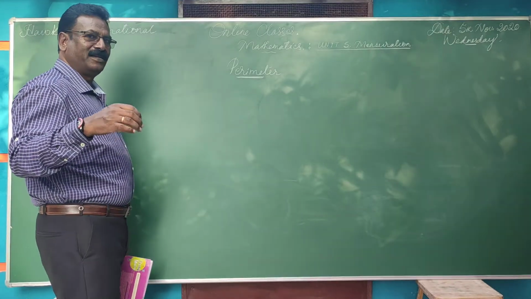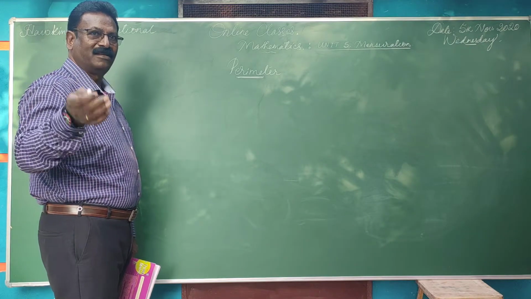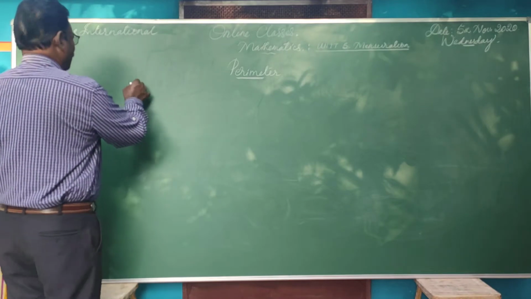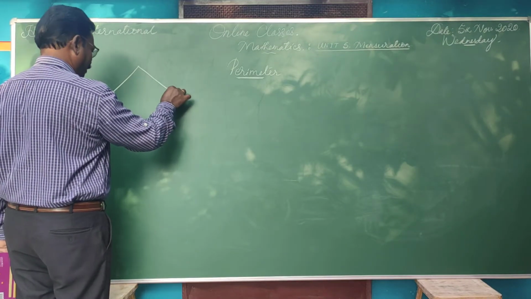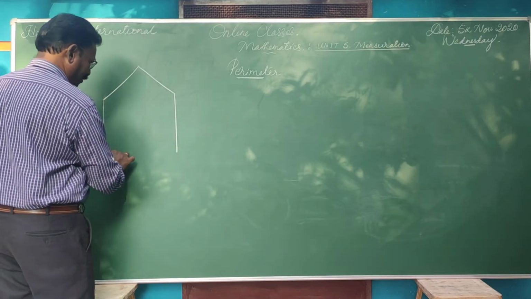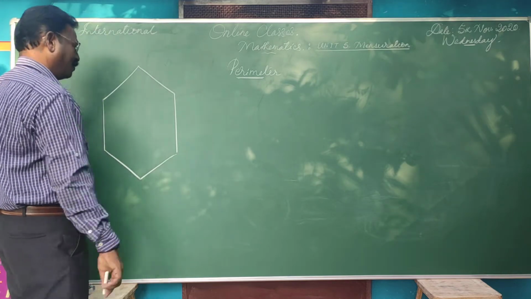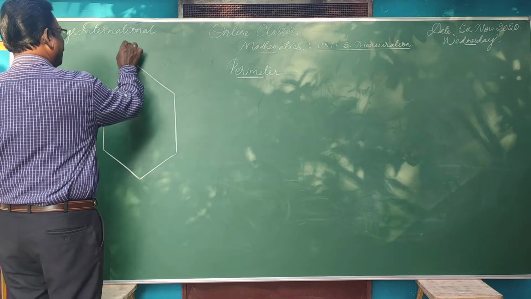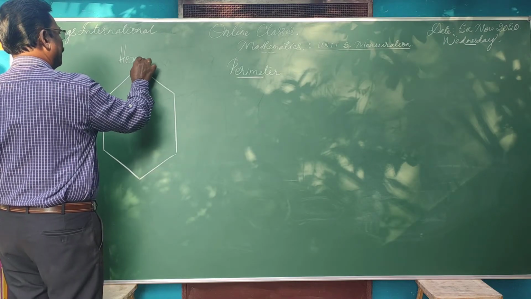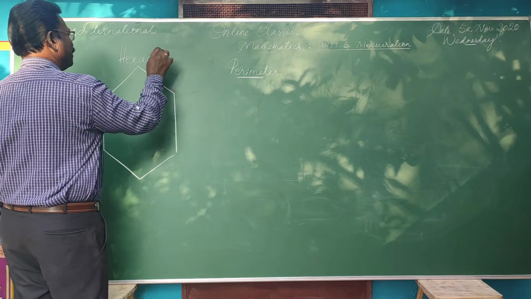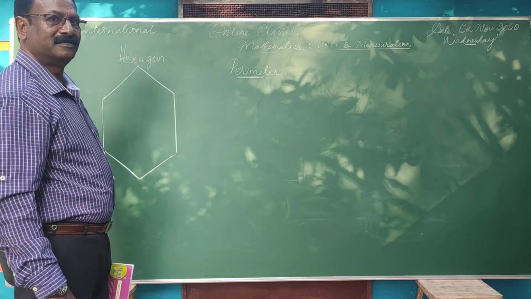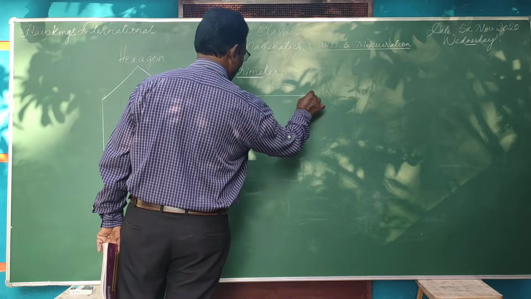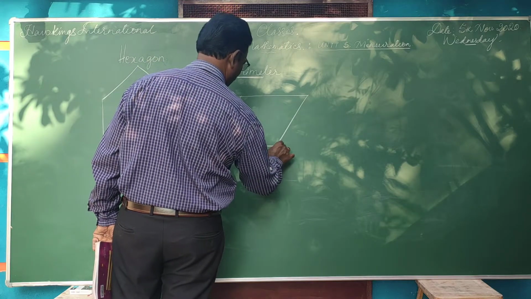So we have so many kinds of geometrical figures or structures. What is this? Hexagon. What is this?